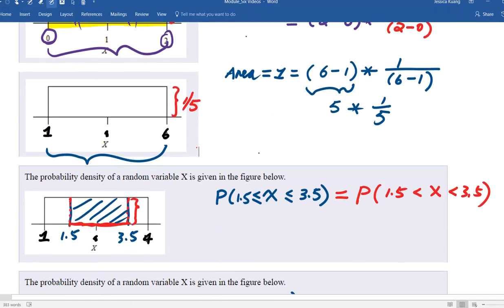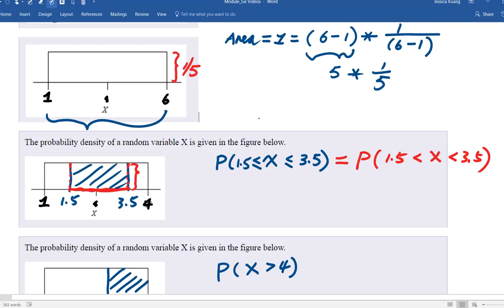How do I get those numbers? I will use the upper bound of that larger rectangle minus the lower bound of that larger rectangle, and then take the reciprocal. So 4 minus 1, and take the reciprocal. That will give us the height of this rectangle.